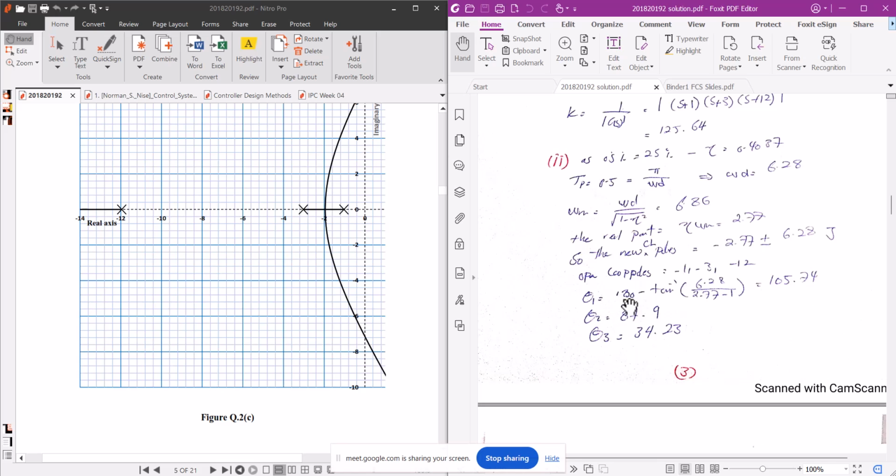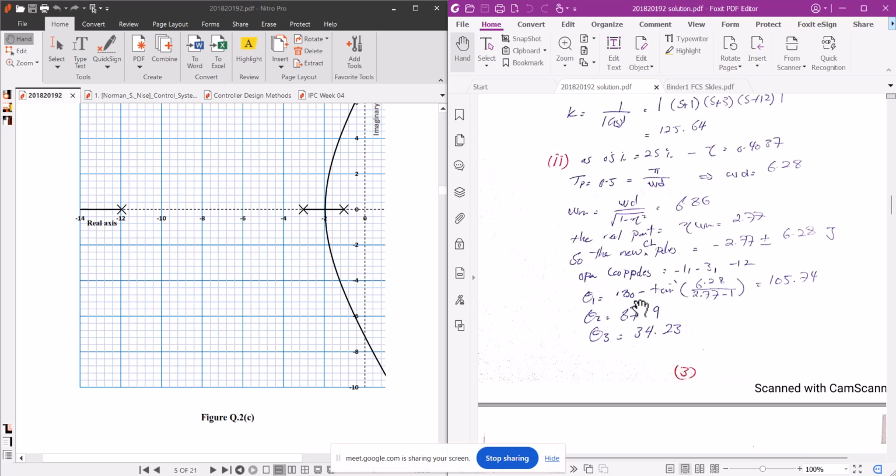Theta 1 is equal to 180 minus tan inverse of 6.28 divided by 2.77 minus 1, where minus 1 is the location of the first pole. After solving this, you will get 105.74. This is your theta 1.